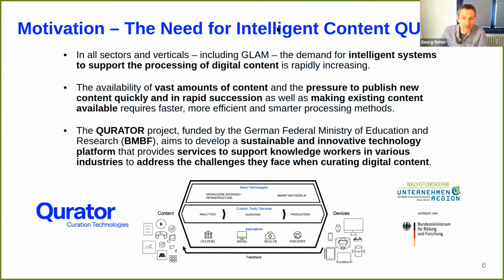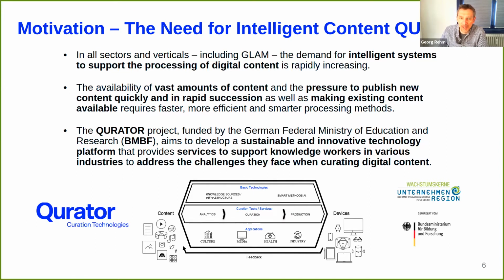So the first few words on the motivation and the need for intelligent content curation. We know, and you probably know this as well, that in all sectors and verticals, including GLAM, the demand for intelligent systems to support the processing of digital content is rapidly increasing. And we know this from really every sector, every customer, every collaborator we work with.